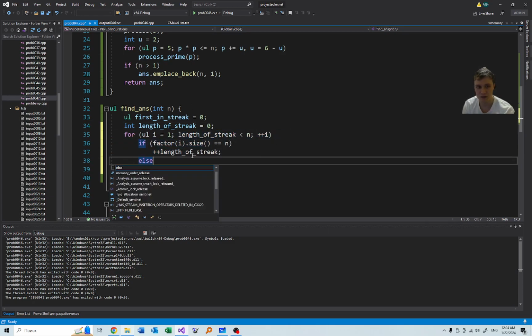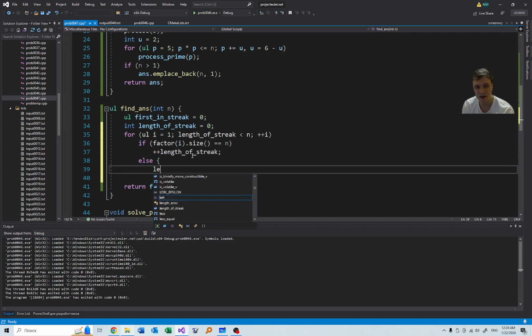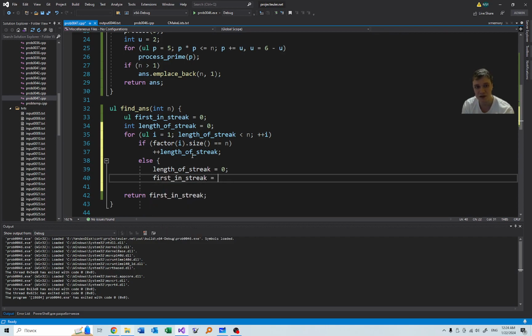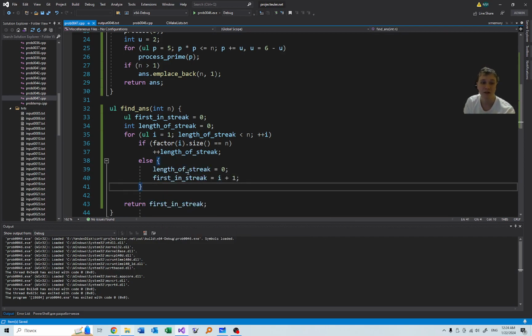If it is not, then we would like to say that length of streak is 0 now, and first in streak is i plus 1. And we return first in streak after this ended.